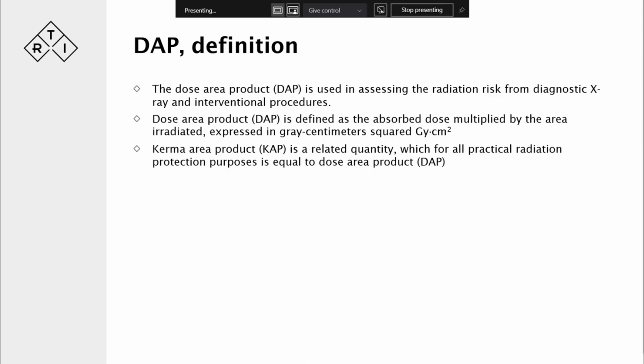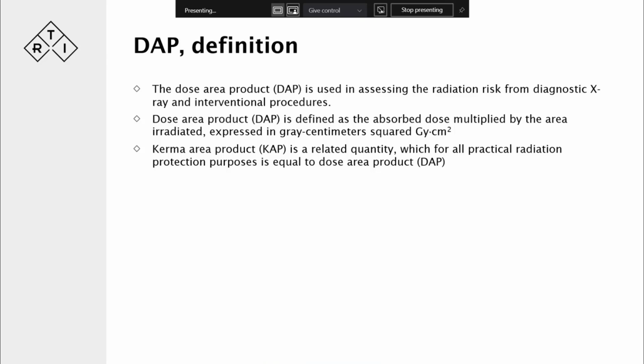You'll see also KAP, Kerma area product, which is a related quantity and, for all practical purposes, equal to DAP. It's not absorbed dose, it is the air Kerma product, but the differences are minute and negligible for all practical purposes.